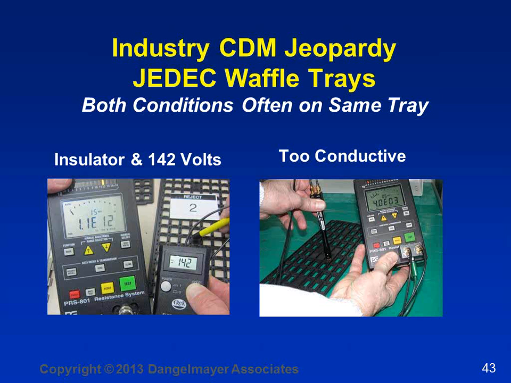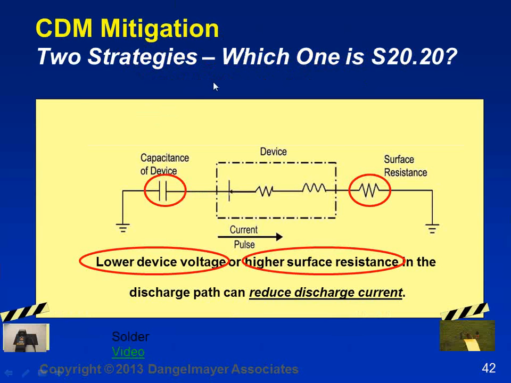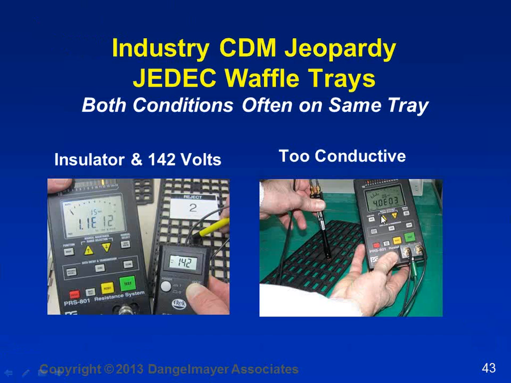Here is an example of the material problem that exists. Let me back up again. Here is the surface resistance question that we just talked about. If you use the right materials at the right place, you can prevent charged board or charged device damage. Here's an example of JEDEC trays that we see consistently throughout the industry. This one is particularly of interest.